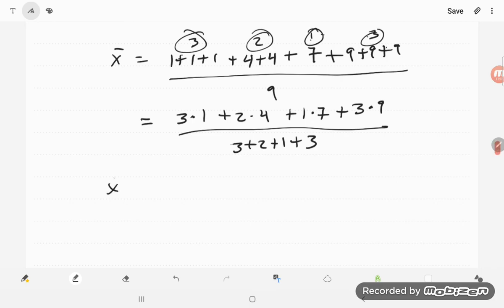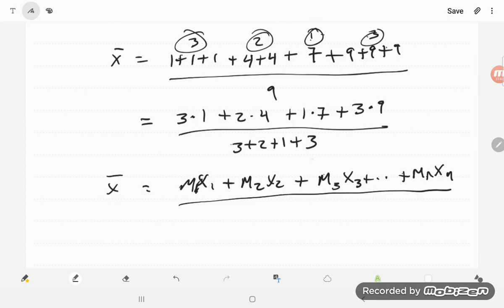So you see what I'm doing is I'm taking however many x1s there are, plus however many x2s there are, plus however many x3s there are, and so forth, up to xn, and dividing by, well, how many numbers are there? Well, total, there are m1 plus m2 plus m3 plus dot dot dot plus mn numbers.